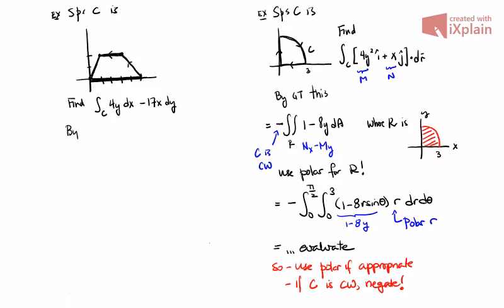So by Green's theorem, one thing to note here, it's the double integral over r. I did this sort of on purpose: the m here is pretty clear. The n here has to include the minus, because the official theorem said m dx plus n dy.